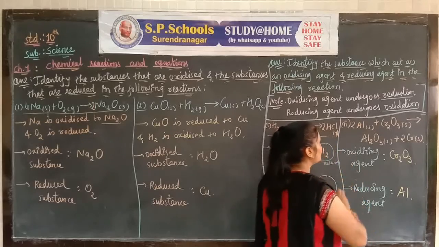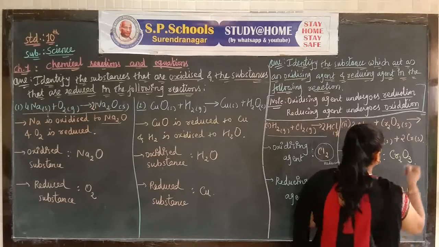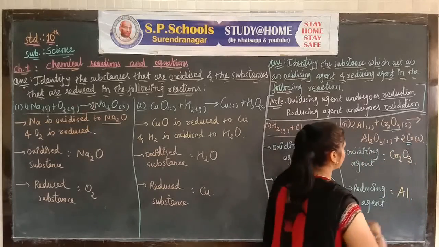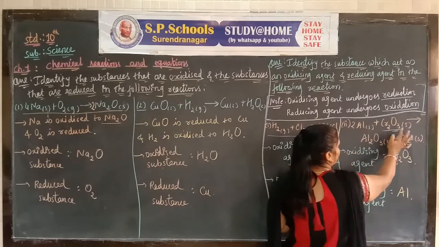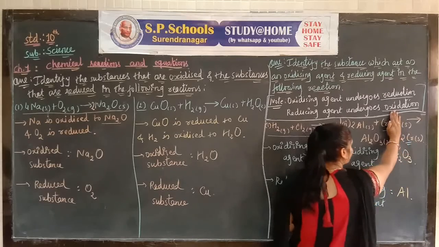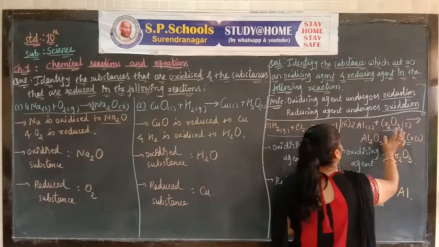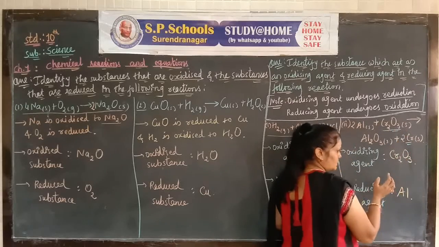Here we know Cr2O3 in the form of Cr loses its oxygen and forms Cr.